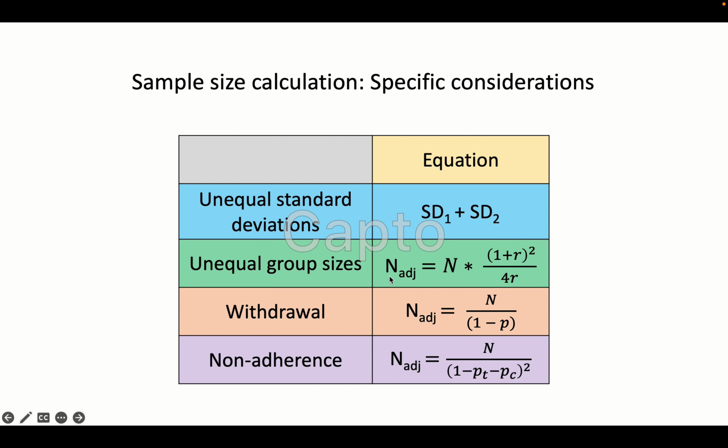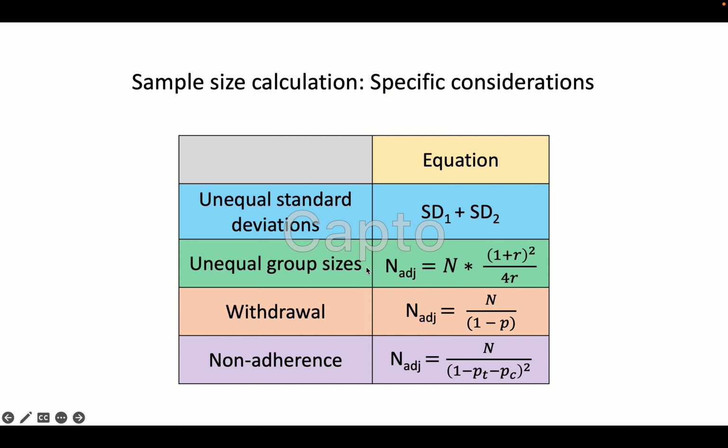So when the group sizes are unequal between the two groups, you just need to multiply the sample size calculated with the standard equation by this factor, which is given by (1 + r)² over 4r, where r is the ratio of the group sizes, right?